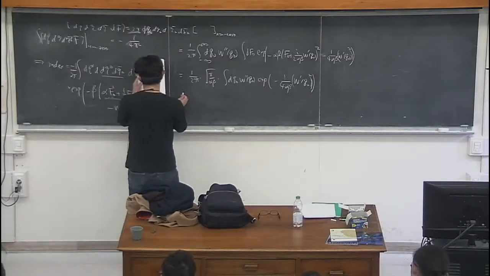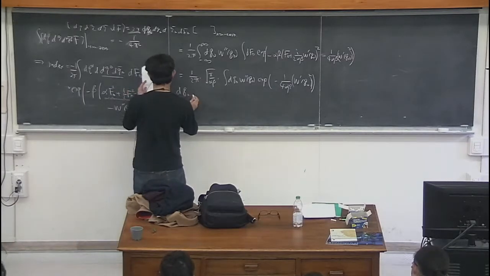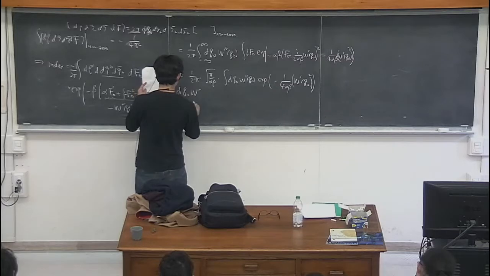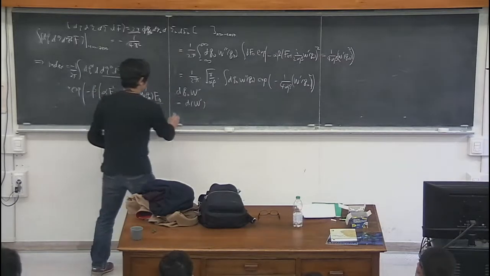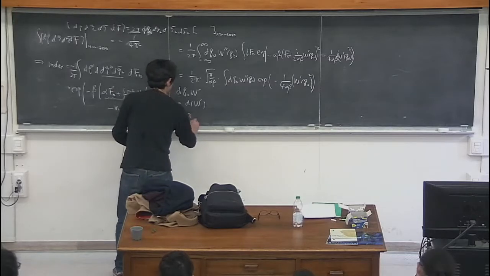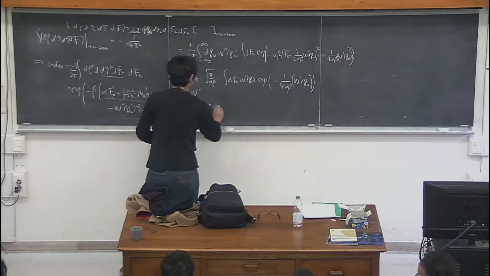Then we can change variables to dw prime, and here this is dx.